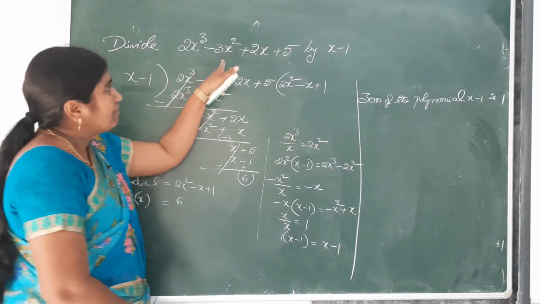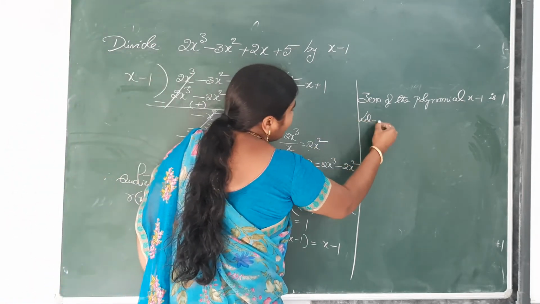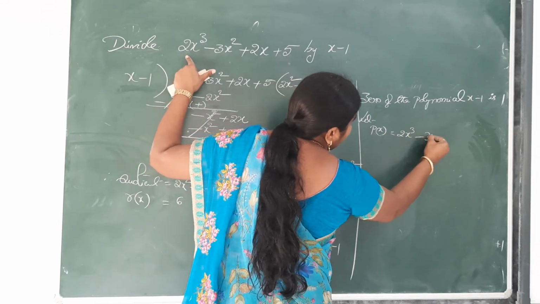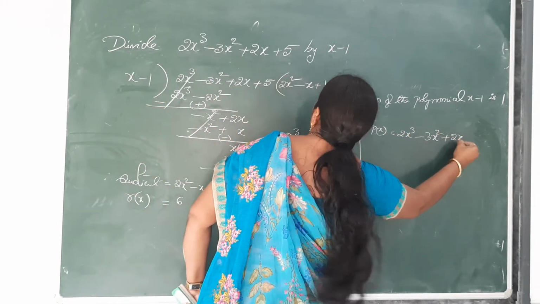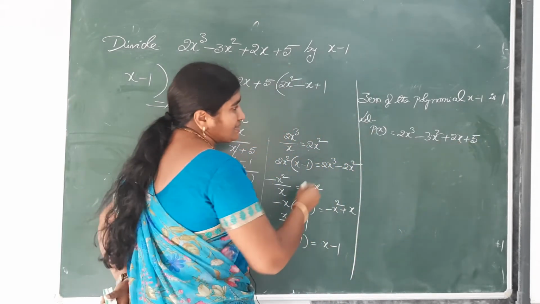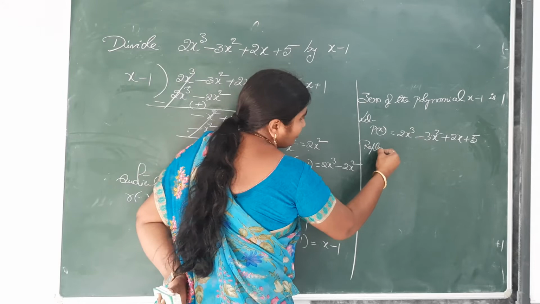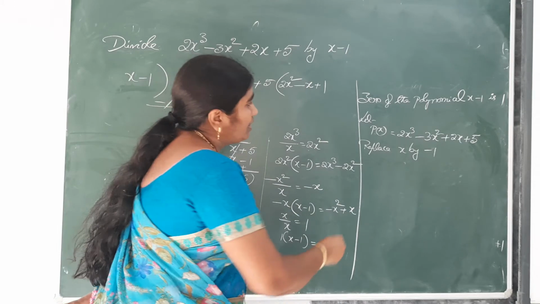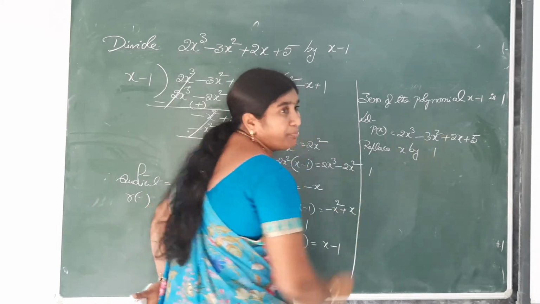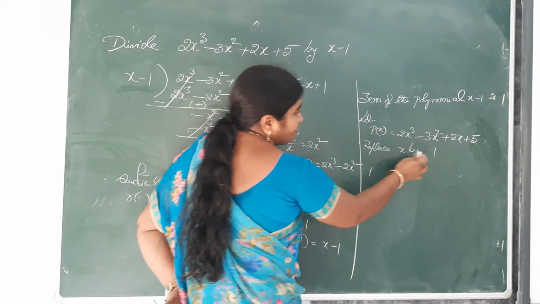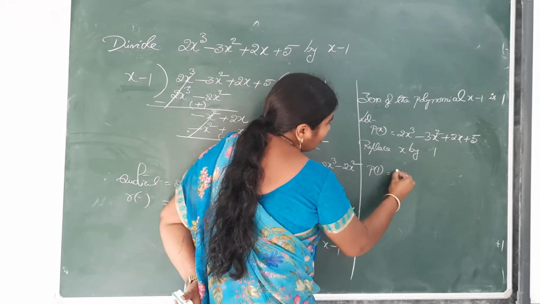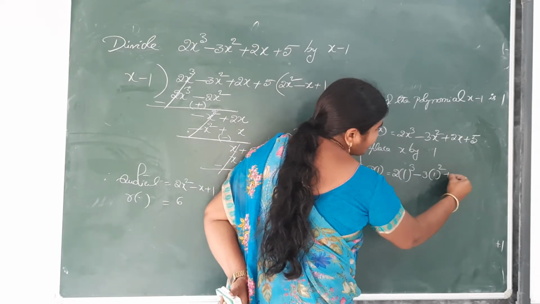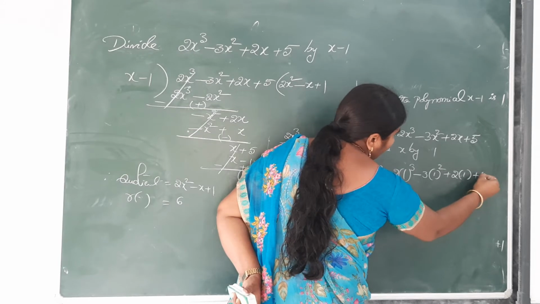Let p of x equal to 2x cube minus 3x square plus 2x plus 5. Replace x by 1, since the zero of the polynomial x minus 1 is 1. p of 1 equals 2 into 1 cube minus 3 into 1 square plus 2 into 1 plus 5.